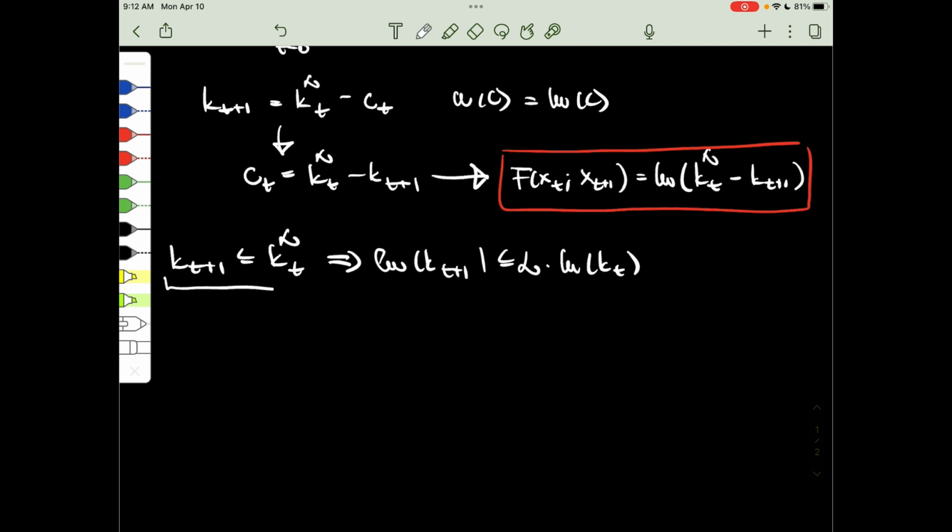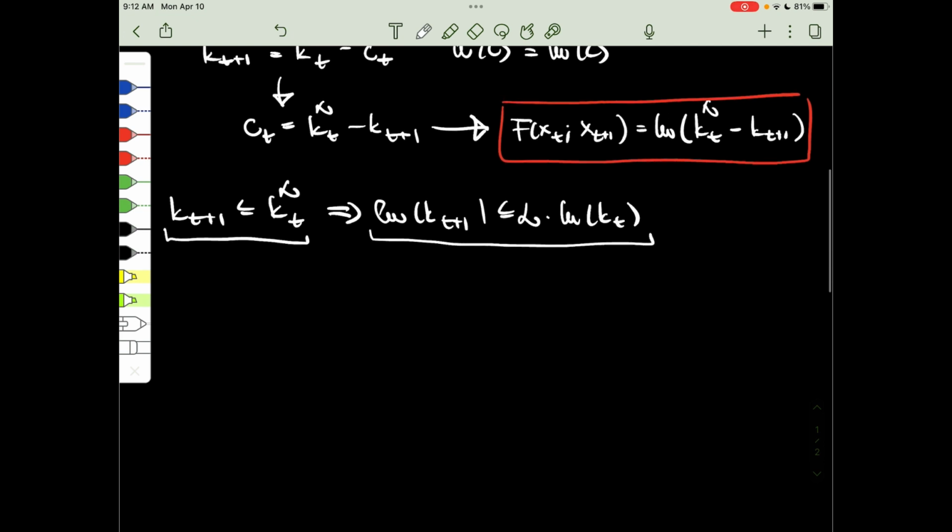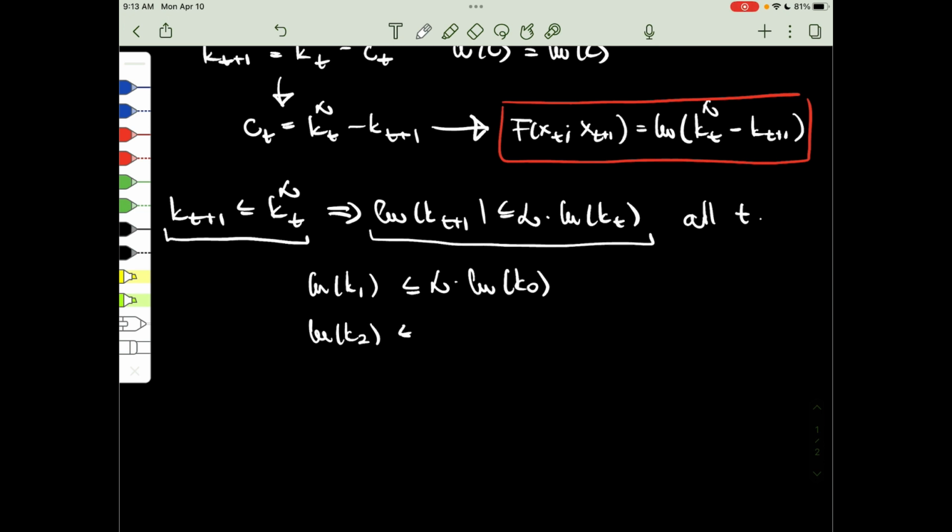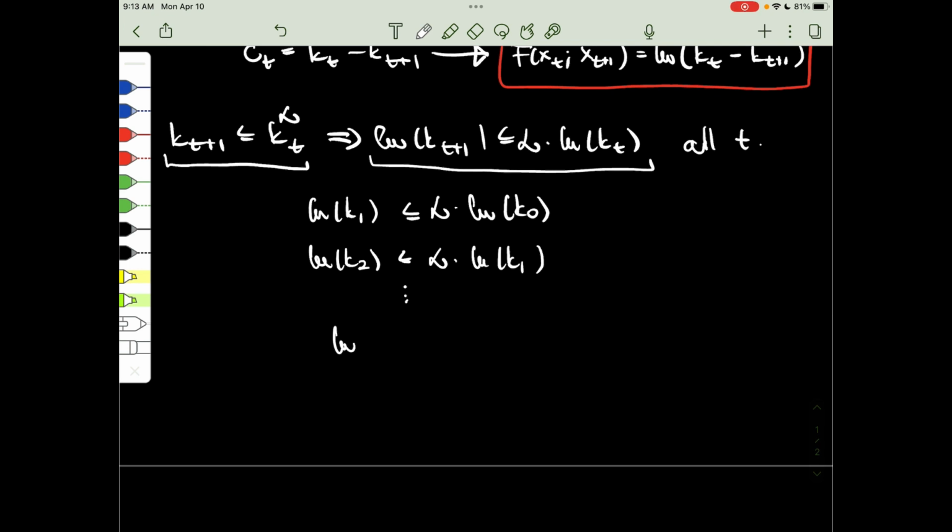So this inequality implies this inequality, and it applies to every t, from which it comes that this holds and this holds, and we can go to any t, and we can go to infinity and say that this is also true.